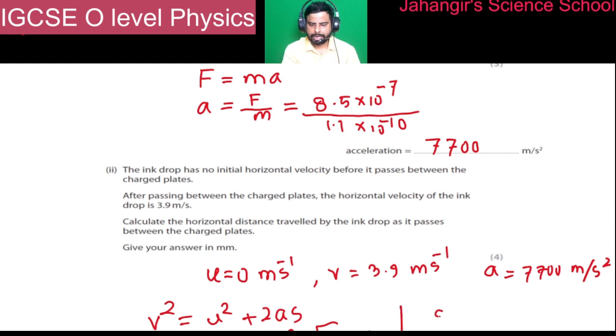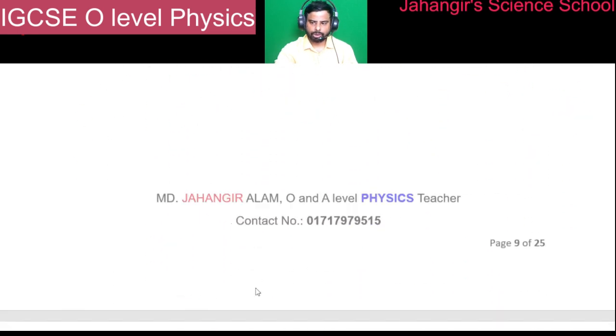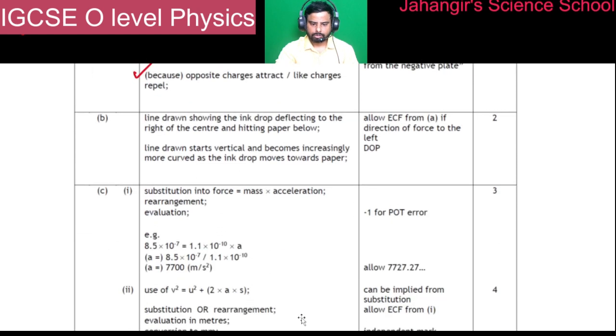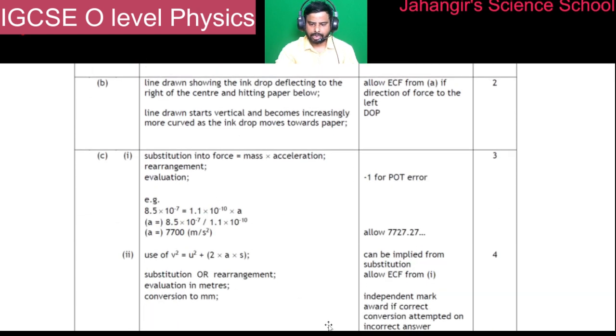So s equals v squared divided by twice a. What is the value of v squared? 3.9 squared divided by 2 into a, a is 7,700 meter per second squared. So distance, after calculation, we get 0.99 millimeter.